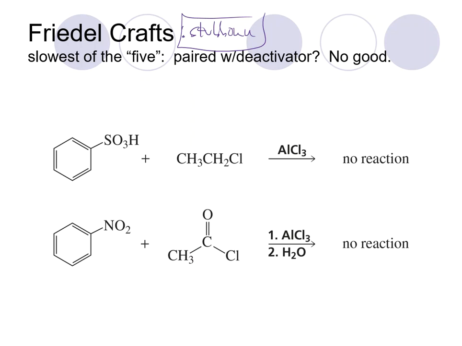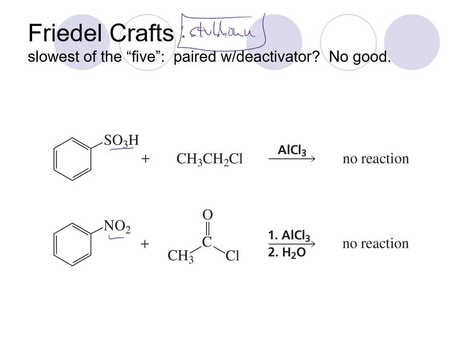So if I have a benzene with a deactivator group on them, any of those deactivators at the bottom of the chart, well, I've got a stubborn reaction. I now have lowered the reactivity of benzene.